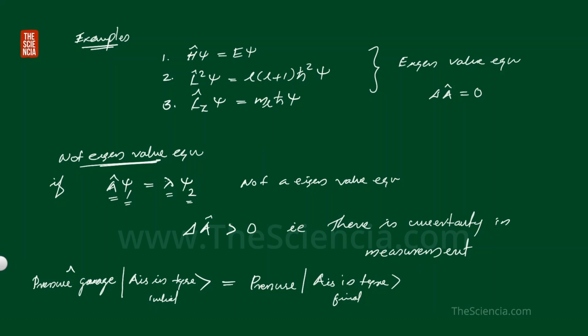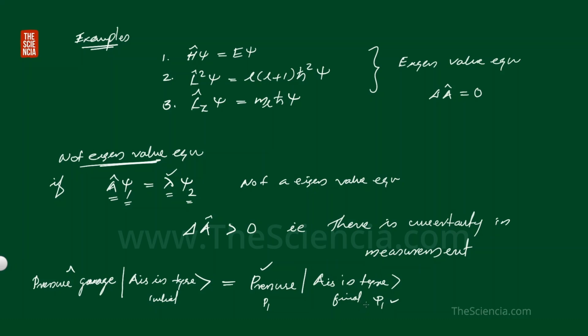So we never get the same eigenvalue again. After every measurement, the eigenvalue also will change. Like in this case, in the first measurement we get a pressure value P1 and a state psi 1. If you try to measure the pressure again, the air pressure in the tire is now P1.